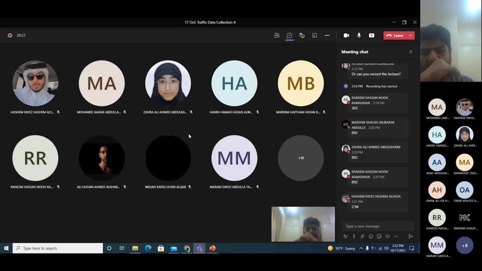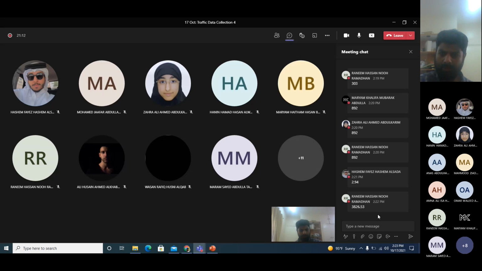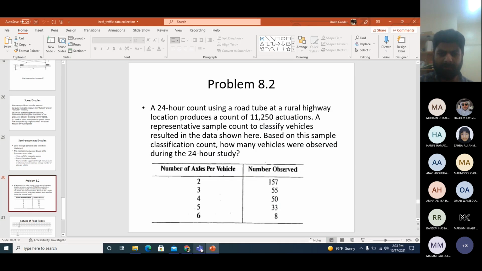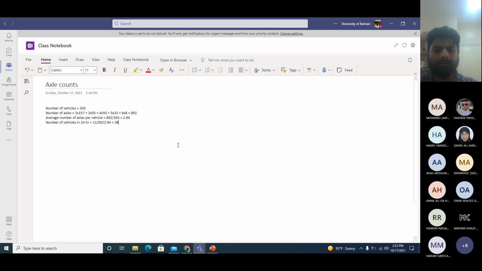How much? 3,826. Fine. Like I said, for the number of vehicles, you can round it off, no problem. Plus minus 1 doesn't make much difference. So in 24 hours, approximately 3,826 vehicles should have passed the road tube.